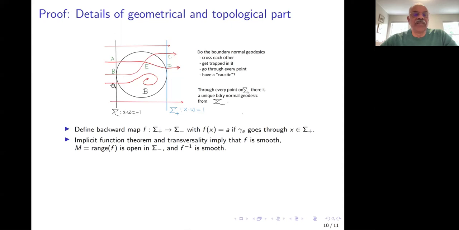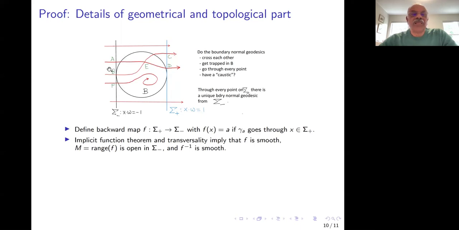Meaning there may be some points of sigma minus which are not in the range of F. So F is a map from sigma plus to M, not sigma minus now. And then F inverse is actually smooth, all because of transversality. So the range M of this backward map is diffeomorphic to sigma plus.